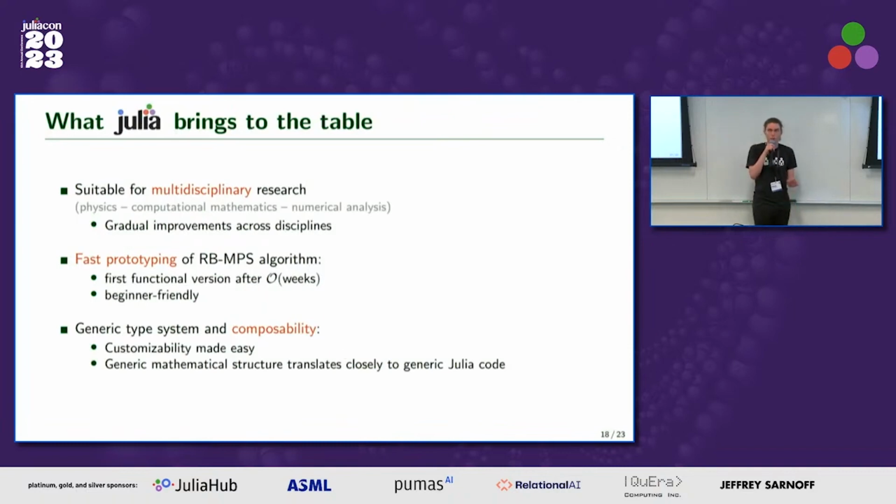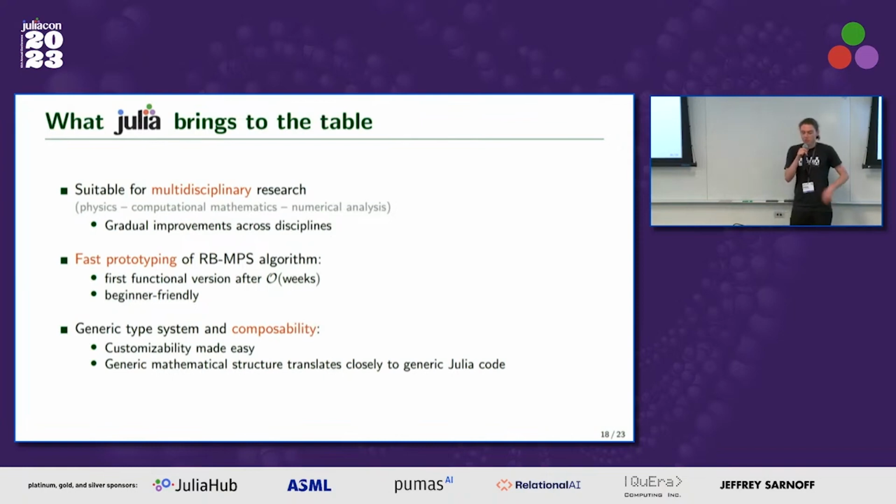And so the question is, why is Julia well suited for this project? What does it bring to the table? Maybe the first point I want to make is that Julia was really suitable for the multidisciplinary aspect of this project. It started out with Michael and Benjamin Stamm, who is a professor in numerical analysis and also a collaborator here, coding this up. And even though I think Benjamin didn't have previous Julia knowledge, he was still able to contribute.